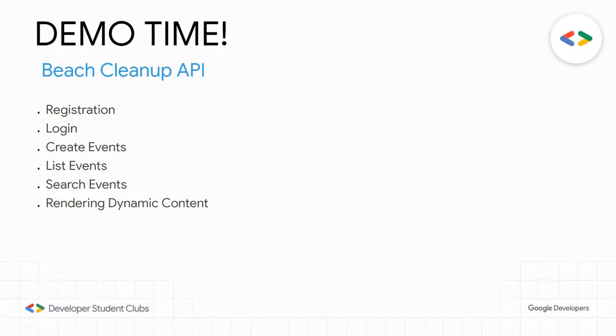Then we talked about APIs, and now we're going to be building the behind the scenes for our project, the beach cleanup project. So we're going to work with some registration, some login, creating events, listing events, searching for events, and then rendering some of this content inside our template variables.